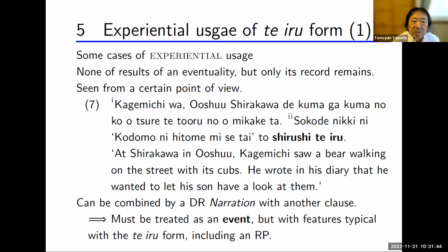So the fact that the record of writing the diary exists still remains now. In a sense, it's not just talking about the past event, but rather facts about the record. Okay, I see. Thank you.